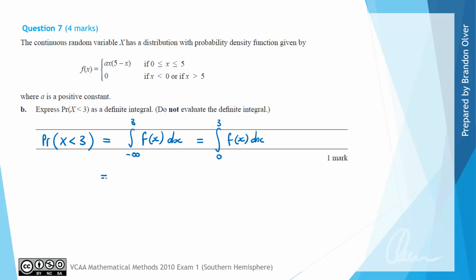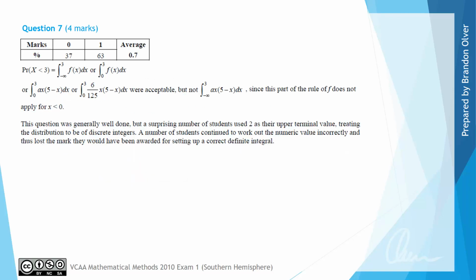Another way that we could have written that was the integral between 0 and 3 of ax(5 take x) dx. Any of those would have been accepted, and you just need one of them. From the examiner's report, we can see that all of those were listed as acceptable responses.